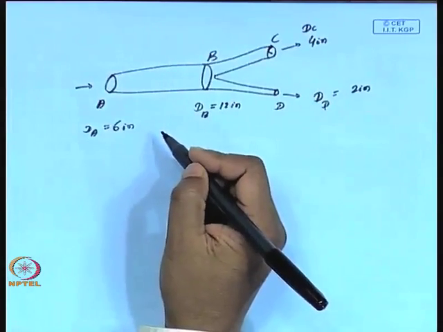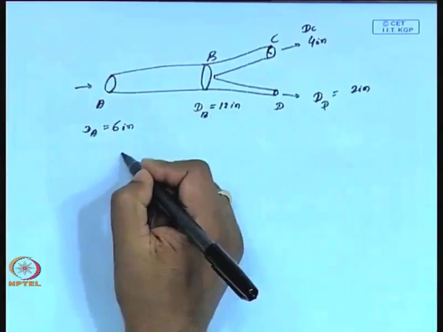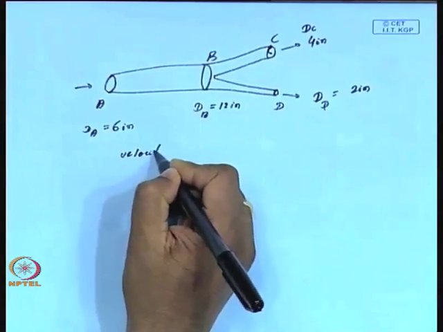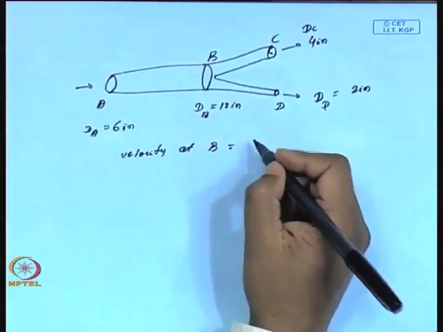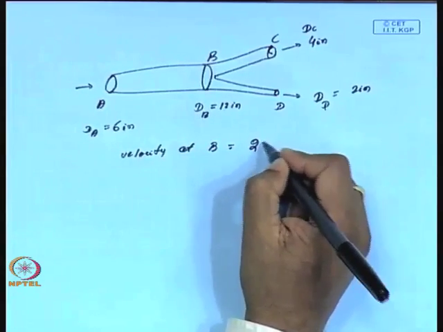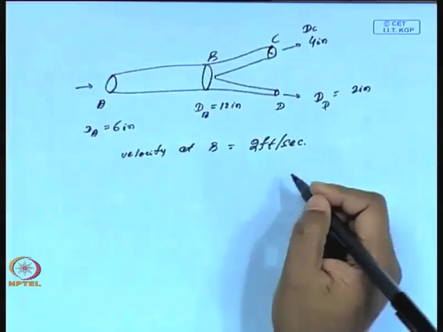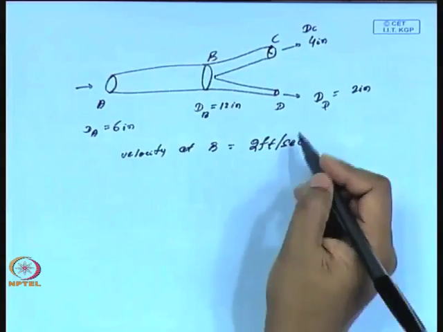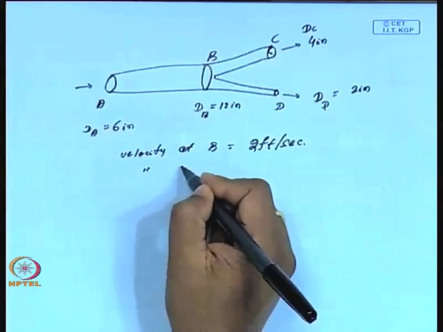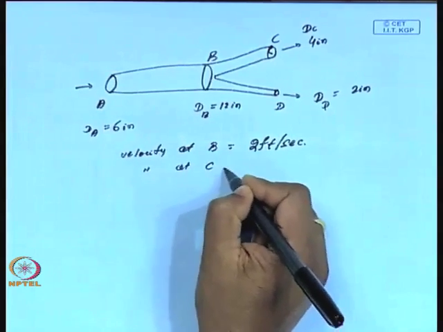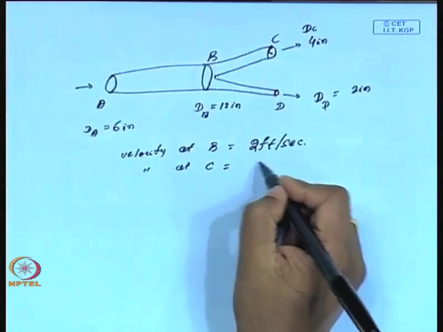Now, if I say the fluid velocity at B is 2 feet per second, and velocity at C is 9 feet per second.